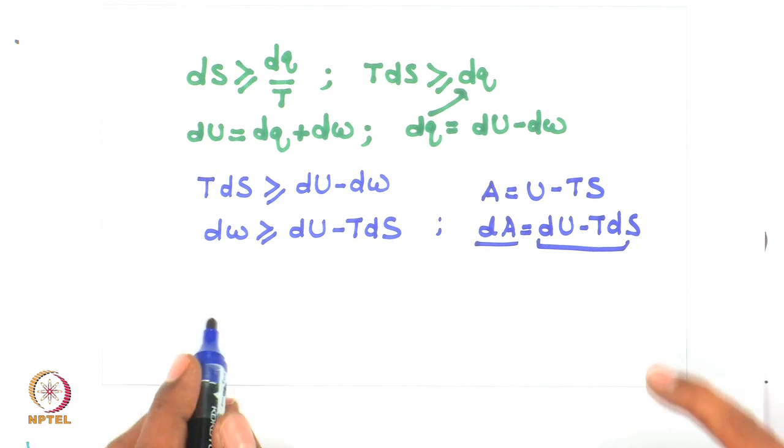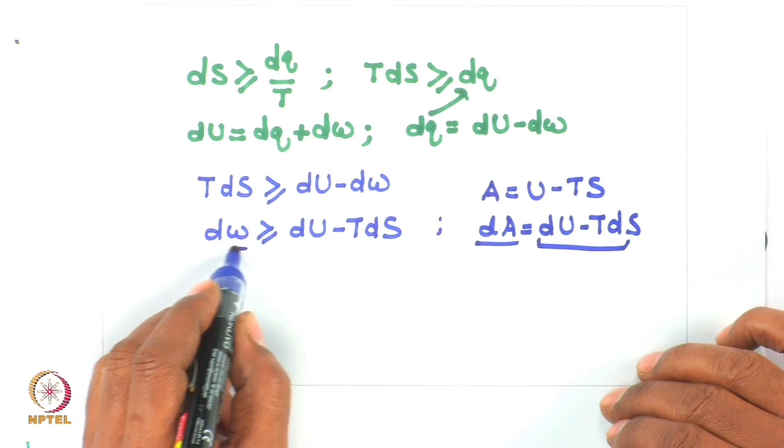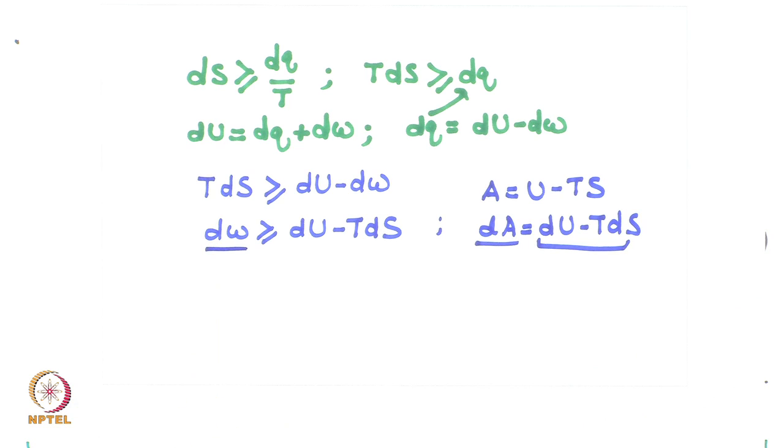And another thing is, since we are interested in the negative value of dw, because when work is to be extracted from the system, work is to be obtained from the system, in that case the value of dw has to be negative.